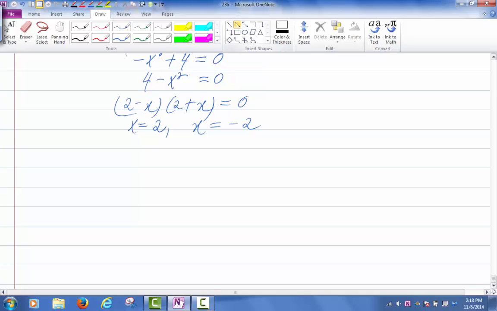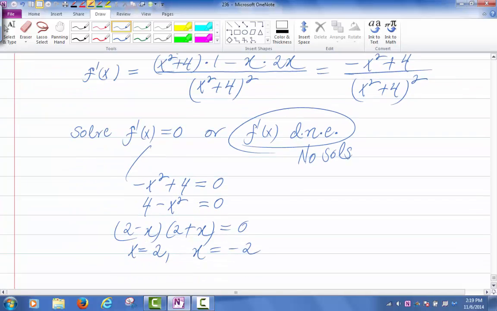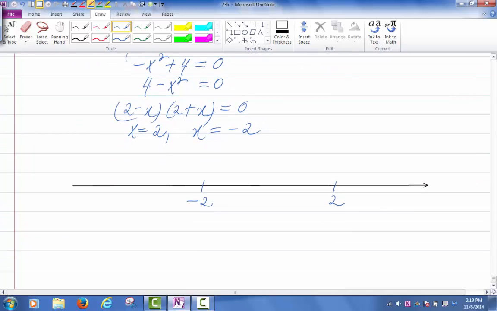Well, very simple. I draw my domain, draw the critical points, negative 2 and positive 2. The critical points divide the domain into 3 parts. On each part, I need to know the sign of the derivative function.